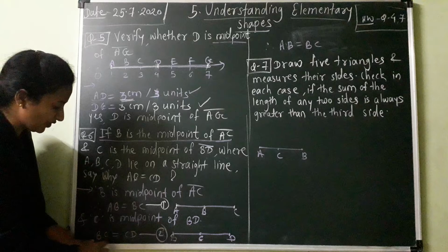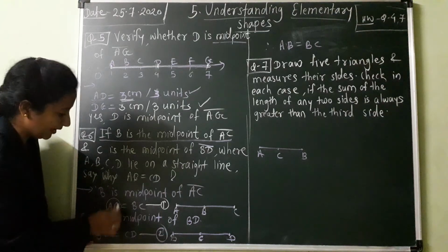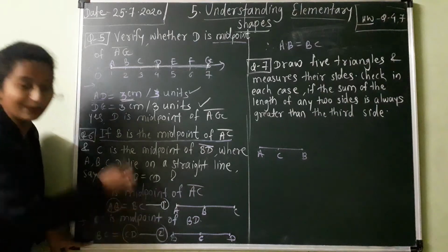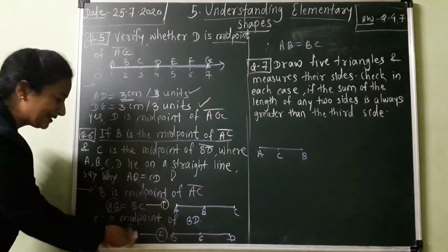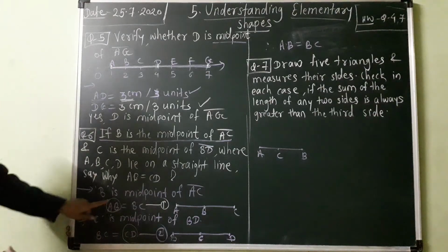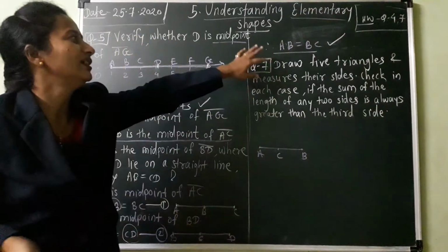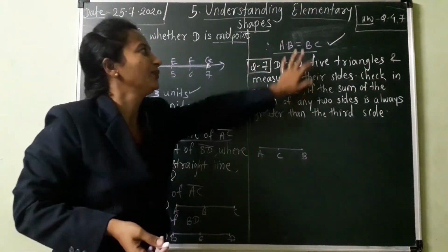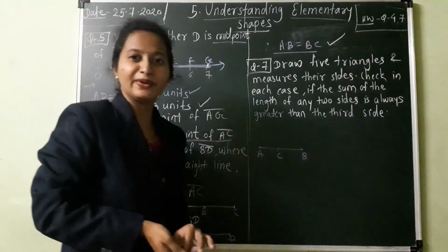And in the second equation, BC is equal to CD. That means AB is also equal to CD. Here we have proved the length of line segment AB is equal to the length of line segment CD. Is it clear to everyone?